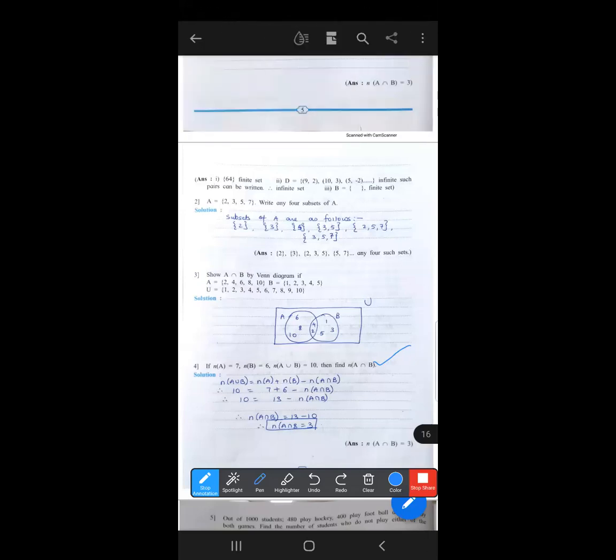Okay. Now many times students get confused between the union and the intersection. So they don't remember where to write the union and where to write the intersection. So students, it is clear that union means what? We are taking all together. So that particular set always comes to the left.